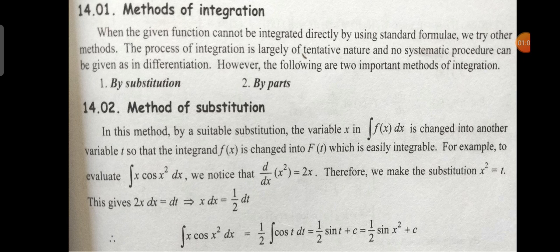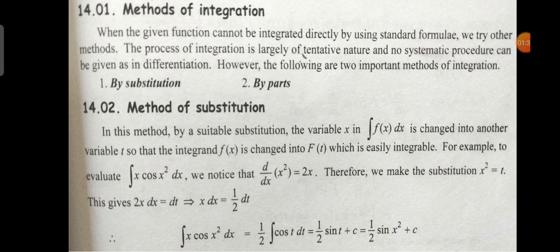It is very elaborately defined here also. In this method, by a suitable substitution, the variable x in the integral of f of x dx is changed into another variable t, or u, anything, so that the integrand f of x is changed to f of t, which is easily integrable. Suppose you have to integrate f of x dx, and it becomes very tough.